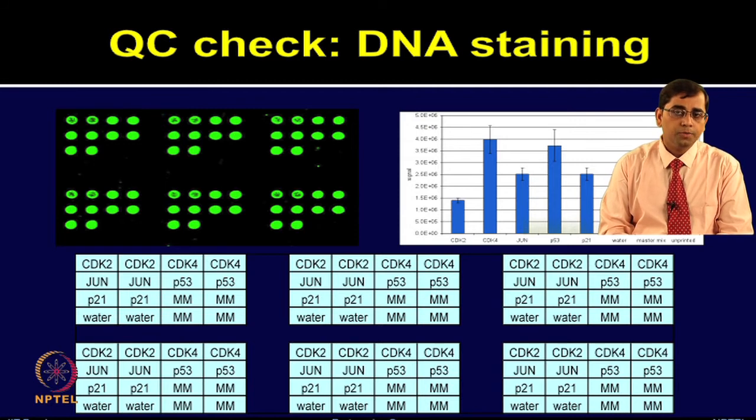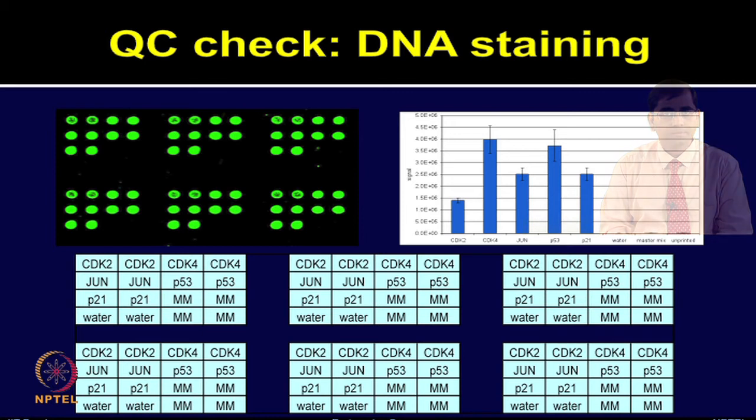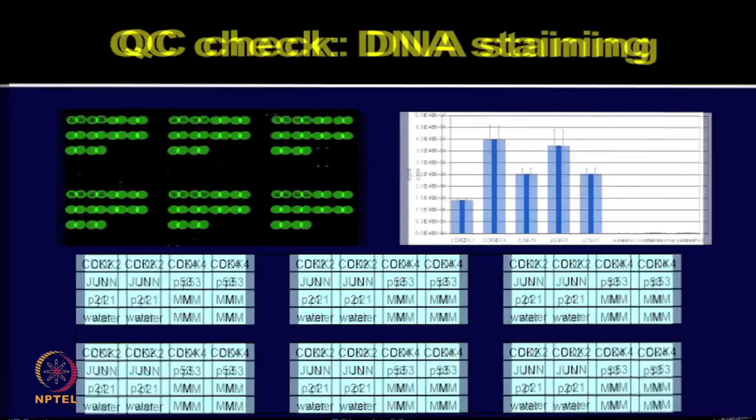So, ideally you must observe the picogreen staining to check the DNA printing quality. You can see on the upper panel those green spots lighting up indicate that the DNA has been printed properly. One can use statistical tools for analyzing how good the DNA is printed on the chip surface.